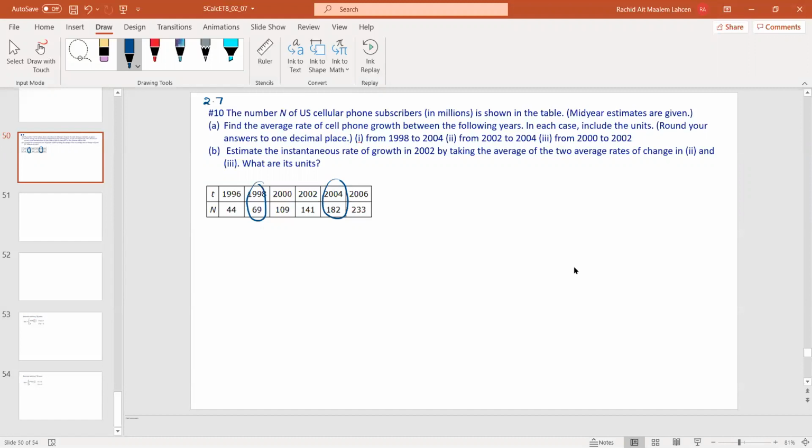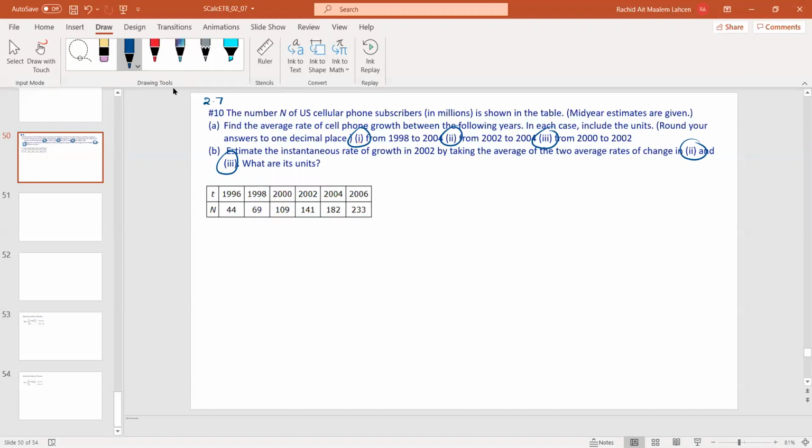So try it, and I think it's giving you the method to use here. So you find for this one, this one, and this one. Then estimate the instantaneous rate of growth by taking the average of the second and third, and ask yourself why the second and third.